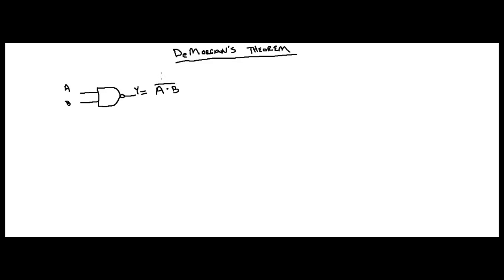Now, I have another gate for you. Now let's look at this one. This is going to be A. That's going to be B. This is an OR gate with two inverting bubbles at the beginning, right?